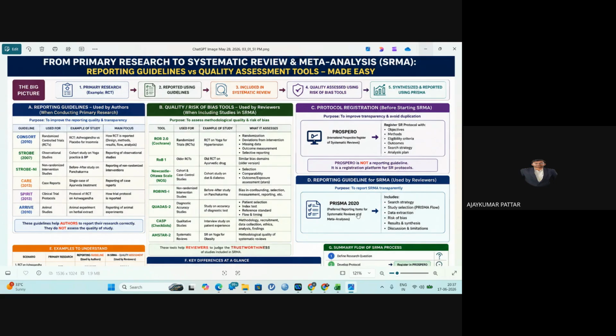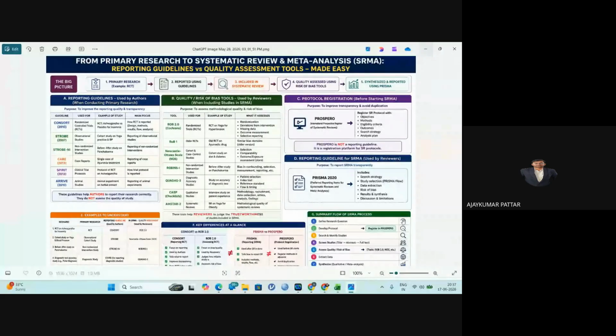We conducted the systematic review according to the guidelines of Cochrane or JBI, and then we reported our systematic review with the reporting guidelines of PRISMA 2020. So this is the brief concept regarding reporting guidelines for primary research. PRISMA is the reporting guideline for our systematic review, and for quality checking we use a number of tools, whether Cochrane tools or JBI tools or CASP tools or many other tools.